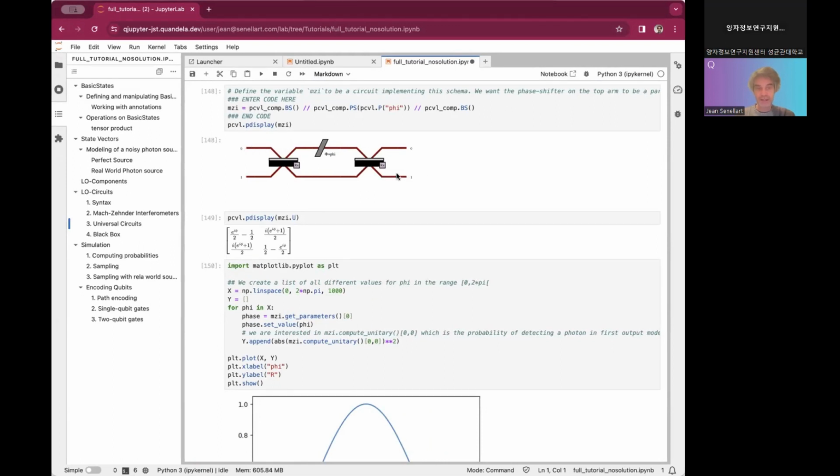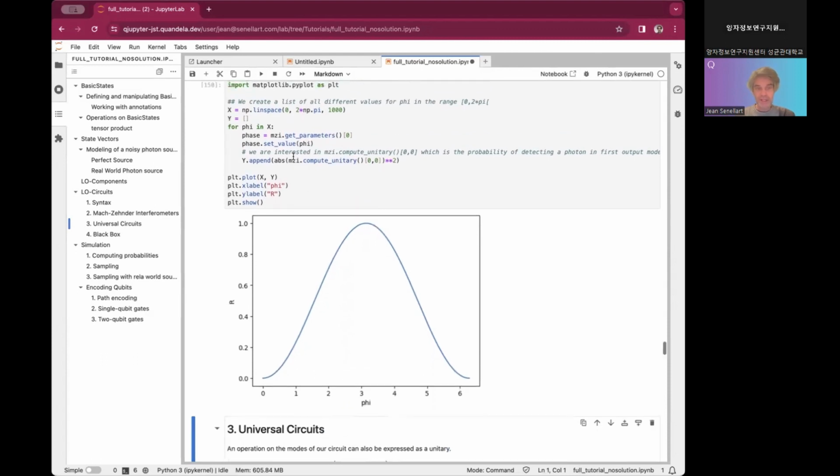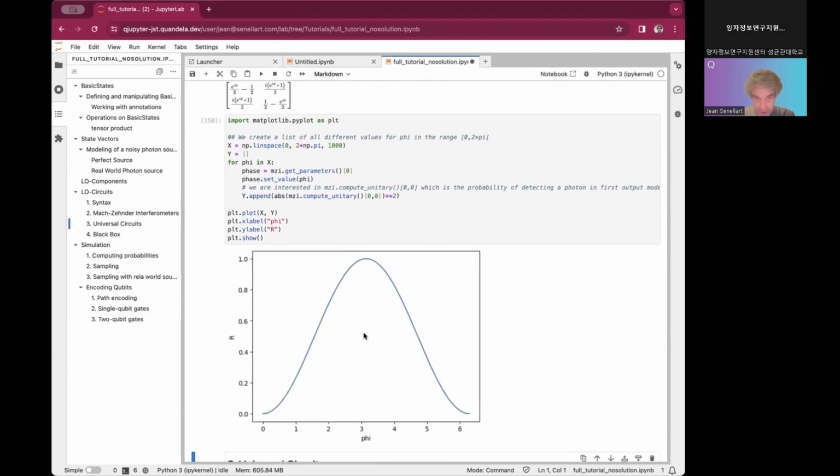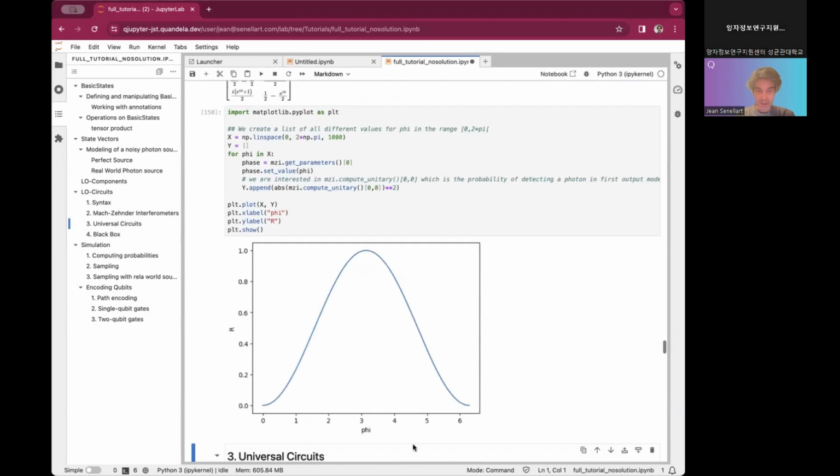All the light is directed from this mode to this mode. When the phase is pi, then all the light is going to the detector 1, since the probability of getting the photon in the first mode is 1. And this comes back to 0 when phi is 2 pi.